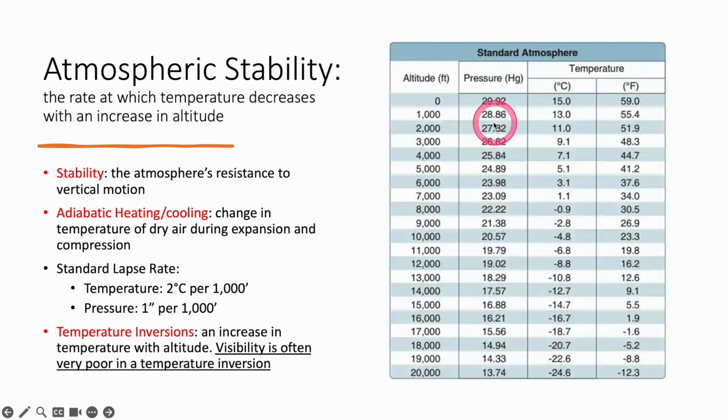If it's pretty consistent or changes very slowly, that's going to be a stable atmosphere. So stability is often associated with poor visibility but really smooth air. Instability is associated with clear conditions and really rough or turbulent air.